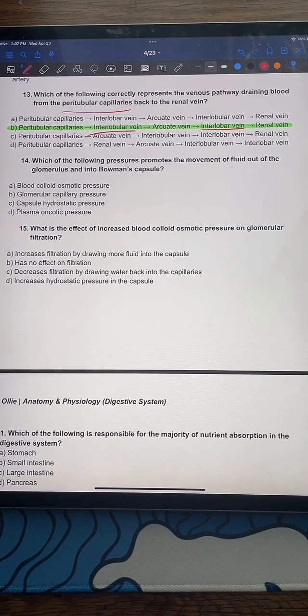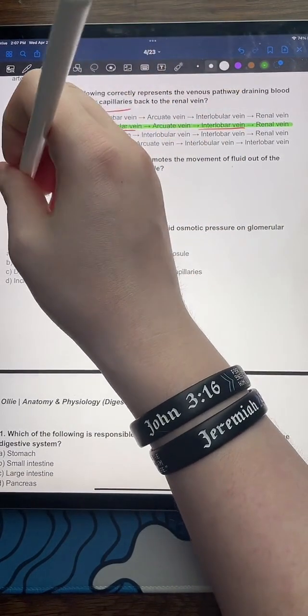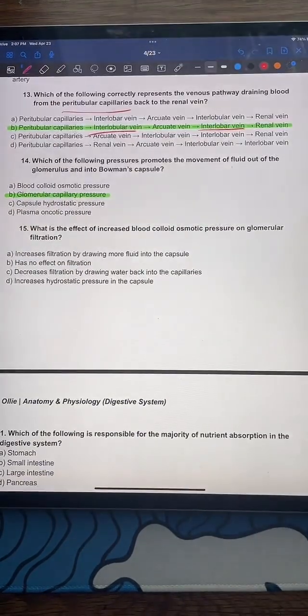Number 14. Which of the following pressures promotes the movement of fluid out of the glomerulus into the Bowman's capsule? Number 14 is B. It is the glomerular capillary pressure.